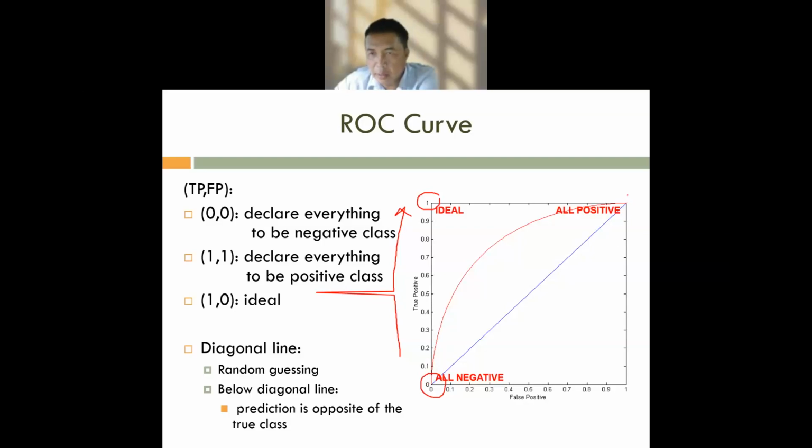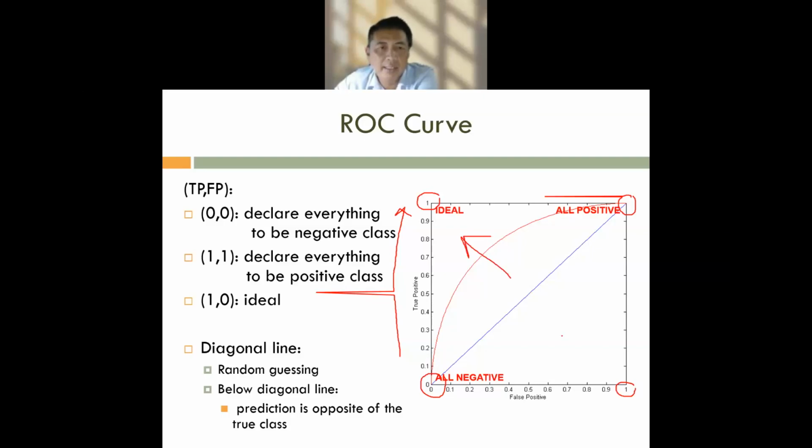When we are here, my true positive will be 1 and also my false positive will be 1, meaning that all your data here will be positive. So the best one is here.